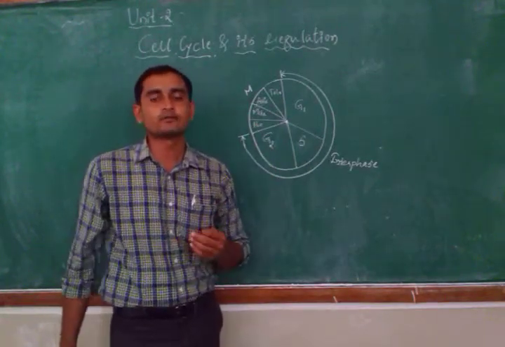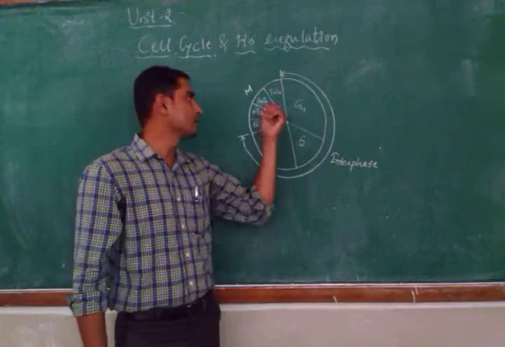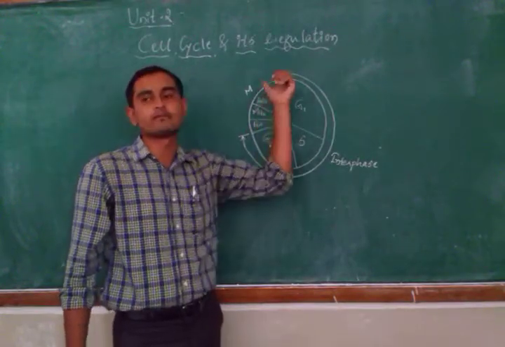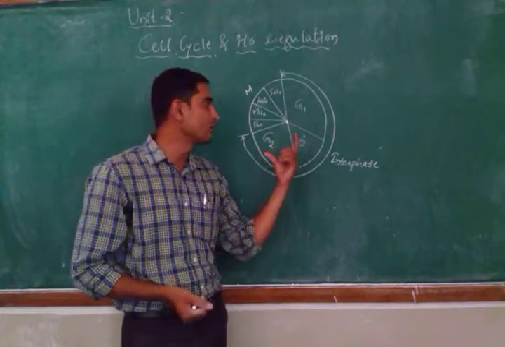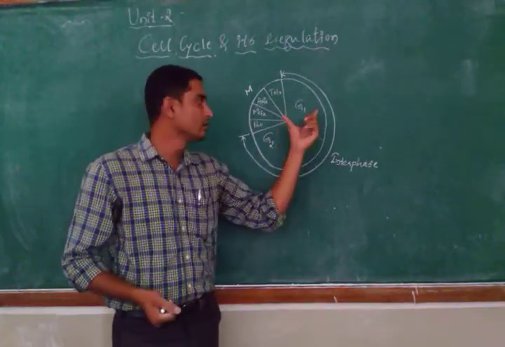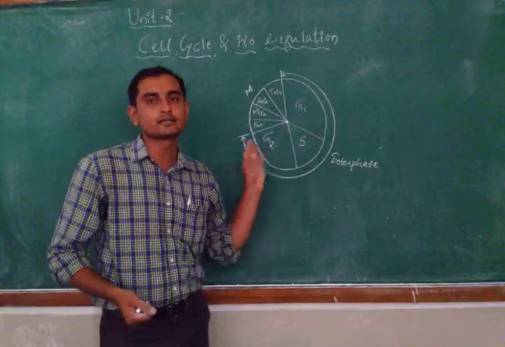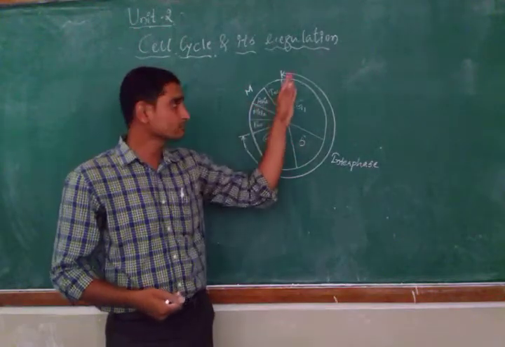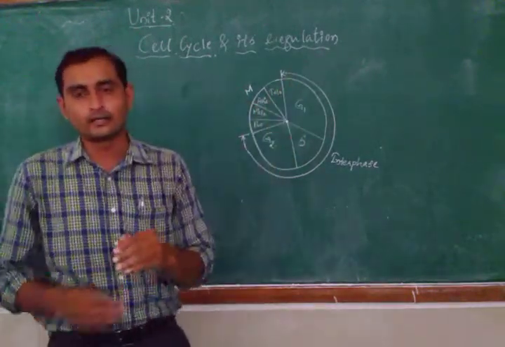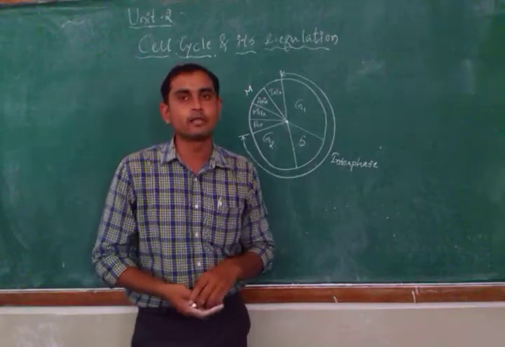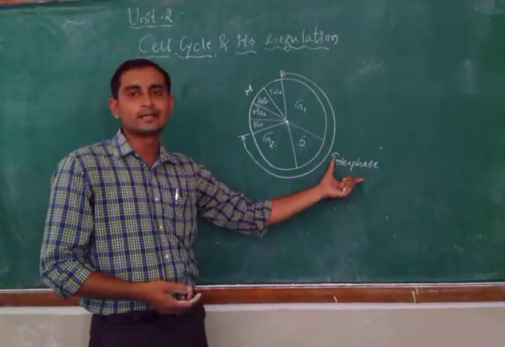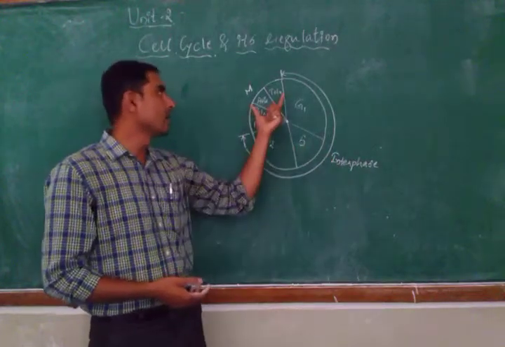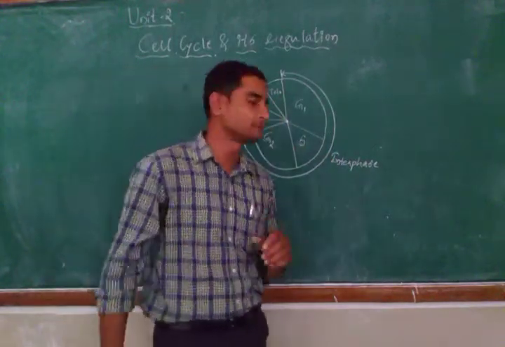That's why we studied the various phases of M, like prophase, metaphase, anaphase and telophase, in detail in our lower classes, but we have not concentrated on interphase, like G1, S and G2. But at PG level, we are going to concentrate more on these interphase stages and less on M phase.